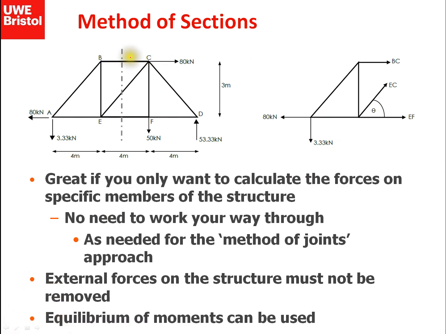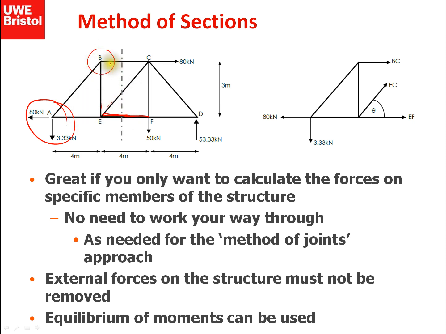So go back to the diagram. What you want to do is make your cut somewhere where it's a force you're interested in. Let's say we wanted to find out what EF was. If we did the method of joints, we'd probably start at this joint here. We would have to go on to joint B, because if we went on to joint E, there'd be 1, 2, 3 unknowns.